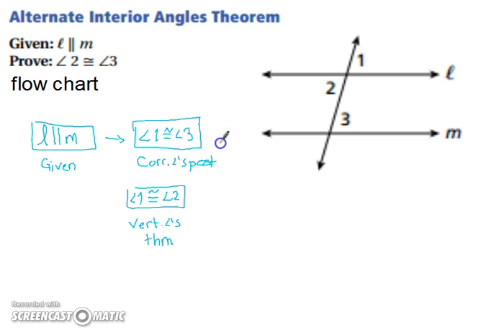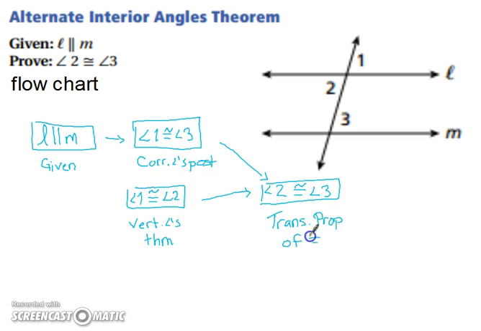And then we can state our final piece, where angle 2 is congruent to angle 3, because angle 1 is congruent to angle 3 and angle 1 is congruent to angle 2, so angle 3 and angle 2 must be congruent because of the transitive property of congruence.